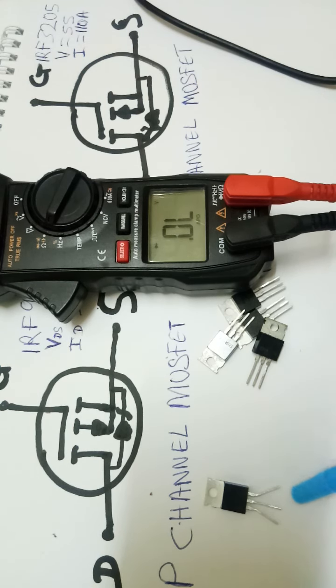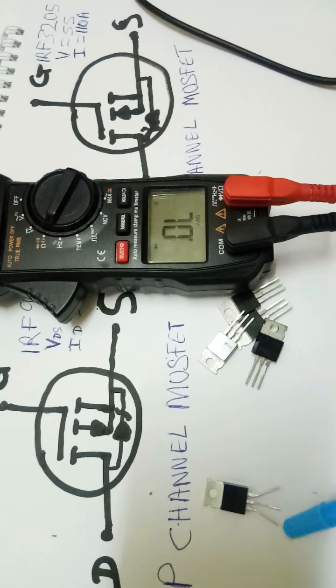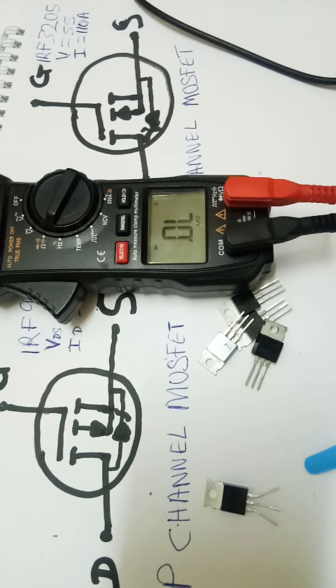The pins are the same for both N channel and P channel MOSFET. Starting from left, the first pin is gate, the second pin is drain, the last pin is source.